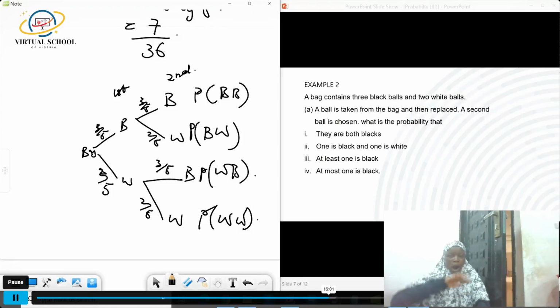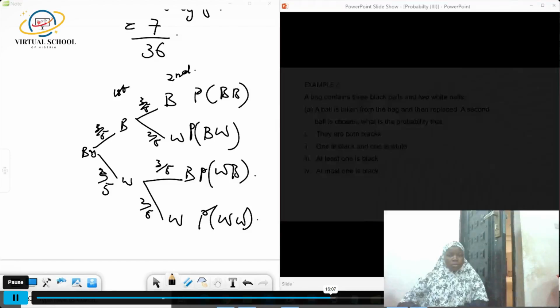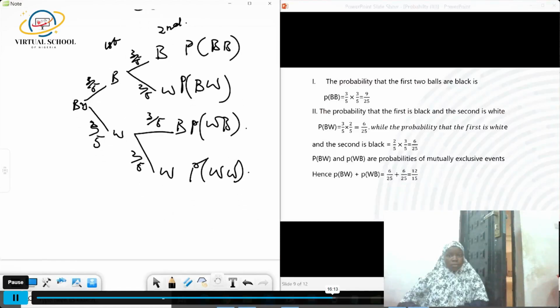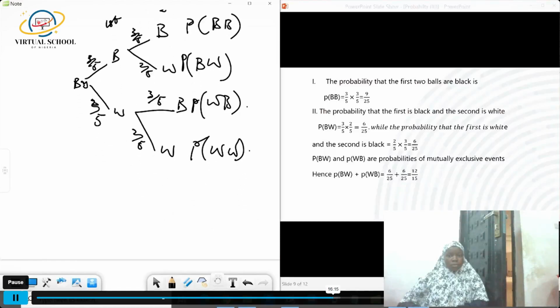They say, what is the probability that they are both blacks? Meaning that picking black, they are both blacks. Okay, let's explain this. Now when you pick the first one, it is black. And the probability of obtaining a black is what? Is 3/5 because we have 3 blacks. So we have 3/5 for the first case, picking a black.